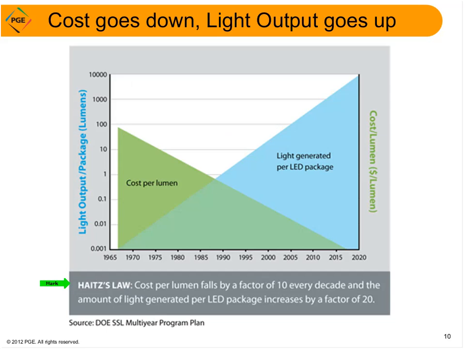So Haitz's law states that cost per lumen falls by a factor of 10 every decade, and the amount of light generated per LED package increases by a factor of 20. And so far, this law has held very true. So we can be fairly confident that some of the gains that they're predicting are going to come true.